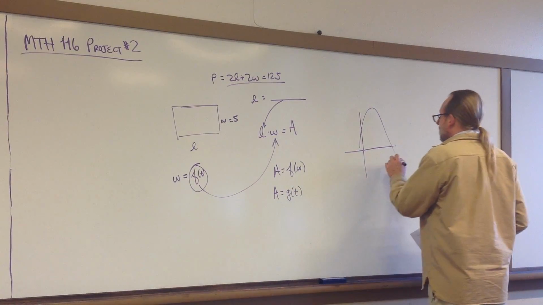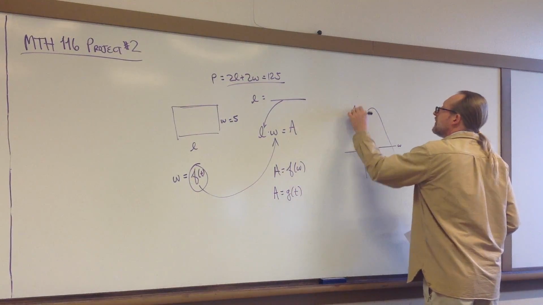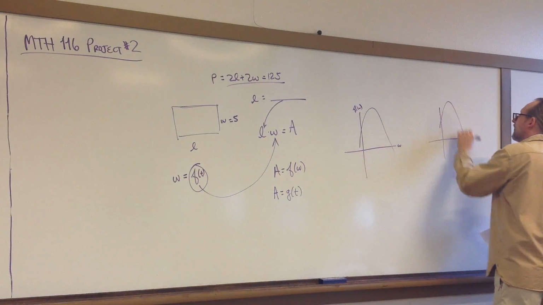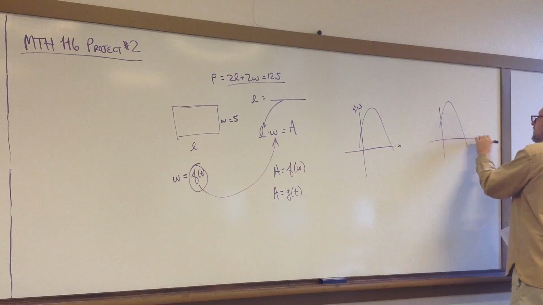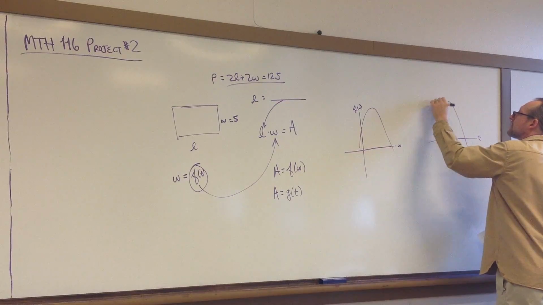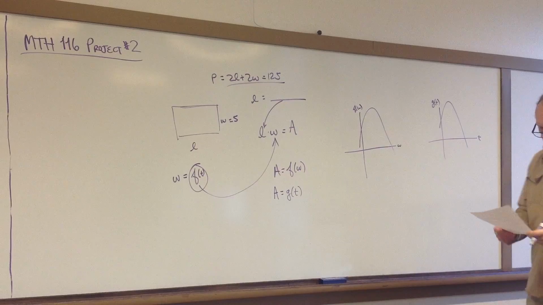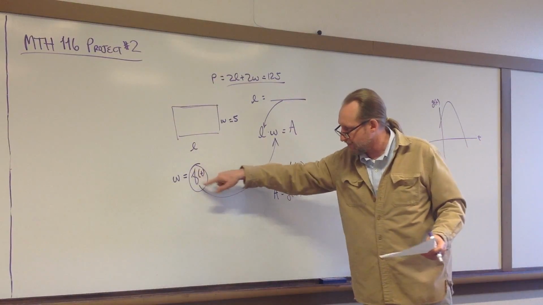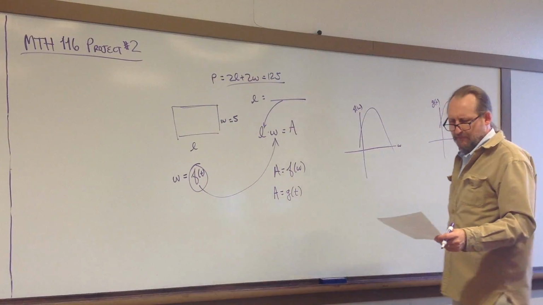So this is going to be W and f of W. And then we're going to have another graph that is similar, but it's going to have some important differences. So we're going to find this, replace the W's with whatever you get from part B.